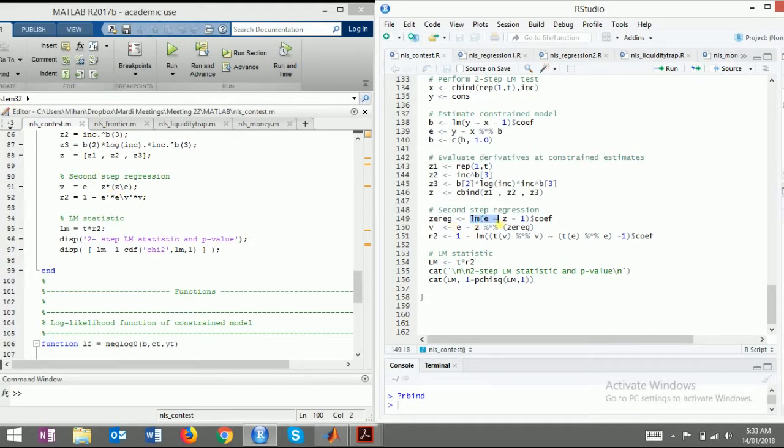Regress E, residual, on Z. This is the step.